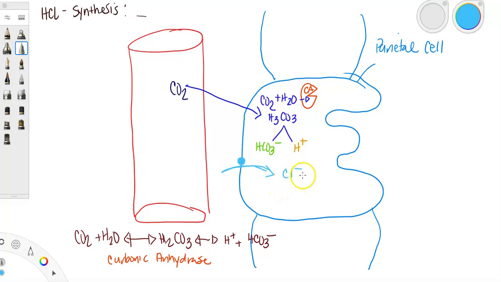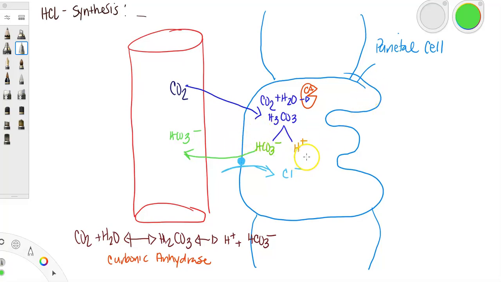But when we bring in a negative ion, we have to get rid of a negative ion. So when this happens, the bicarbonate leaves and goes into the blood. Okay, so we bring in a chloride, dump out a bicarbonate.